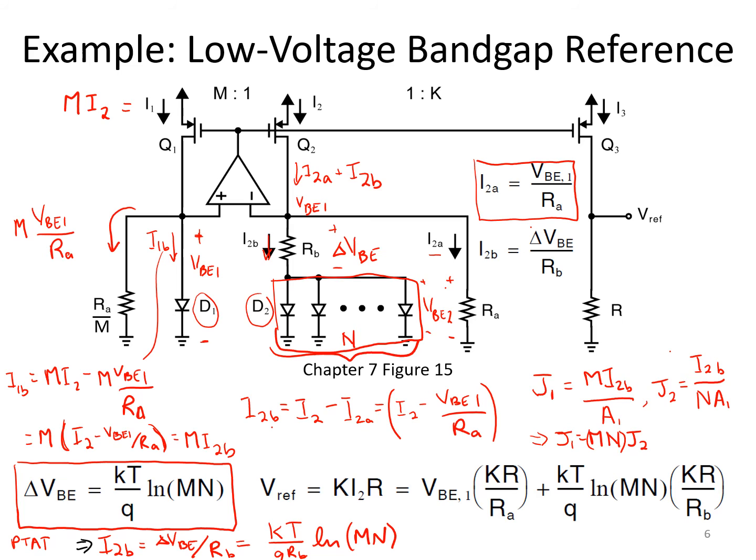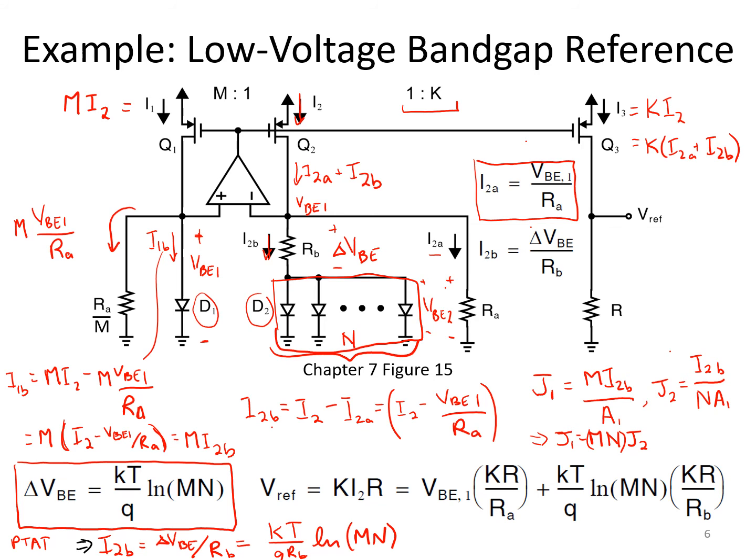So that total current I2 is mirrored over to I3 with a ratio 1 to K. So I3 is equal to K times I2, or K times I2A plus I2B.